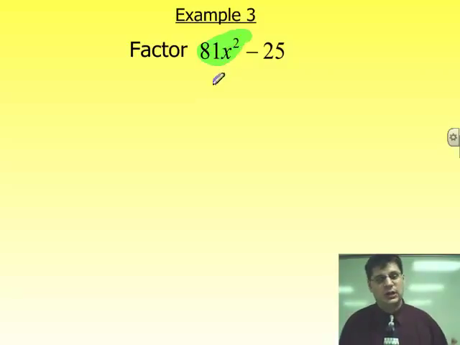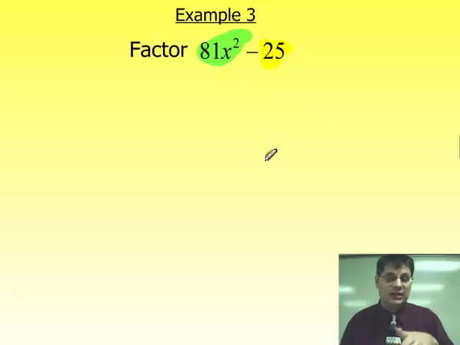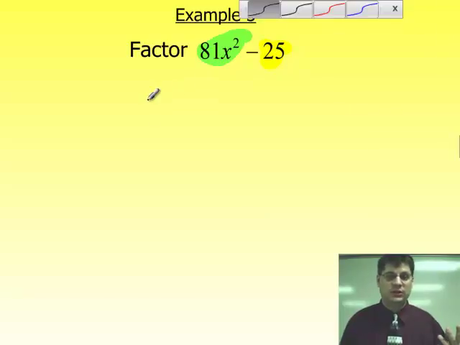Yes, because 9x times 9x gives me 81x squared. Then I would look at the second term and ask, is 25 a perfect square? Yes, it's 5 times 5, or 5 squared. Then I would verify, is there a minus sign in the middle? And yes, there is. So really, this is a perfect difference of squares.